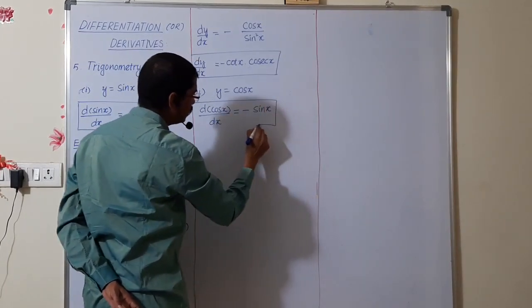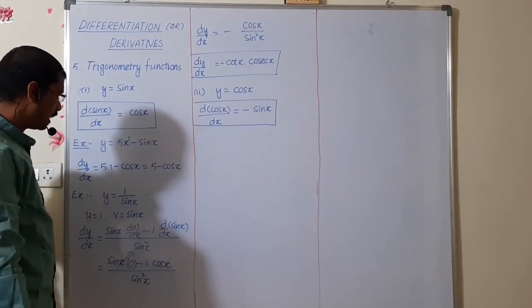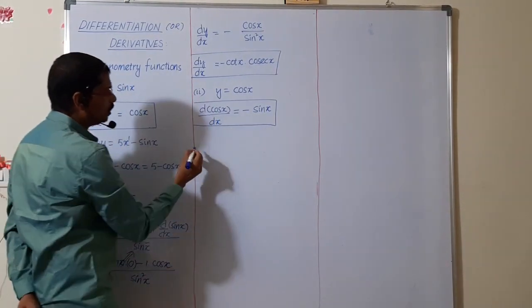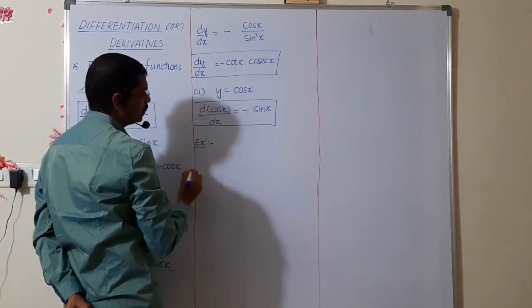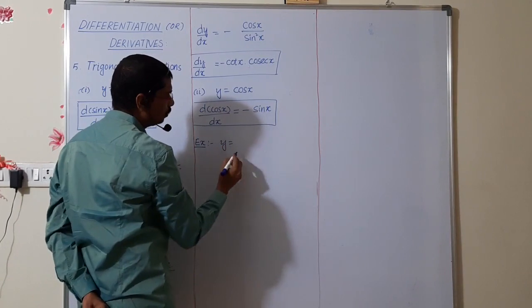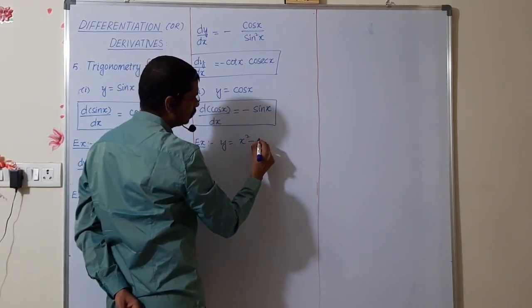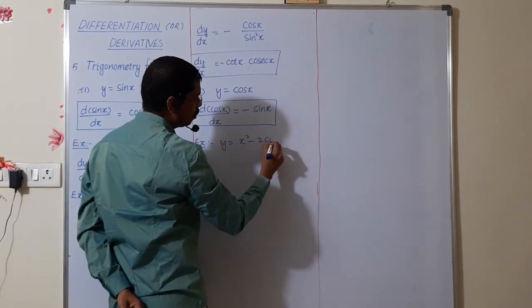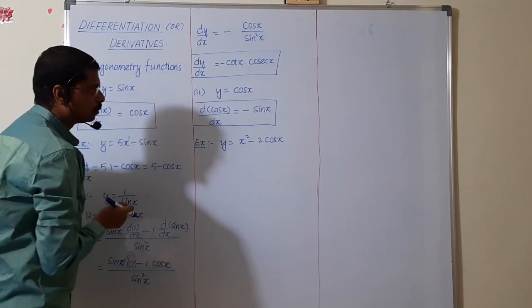Whenever we differentiate cos, we give minus sin x. Now if you take a simple sum, y equals x square minus 2 cos x.